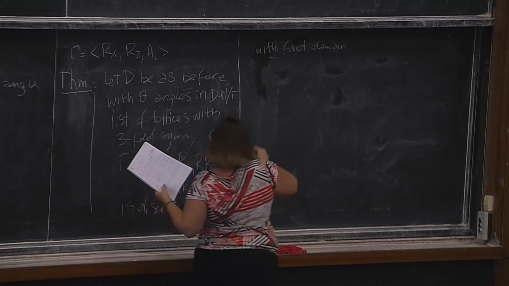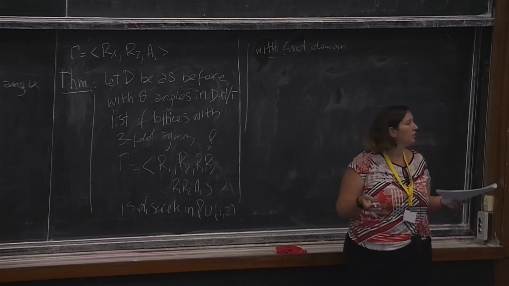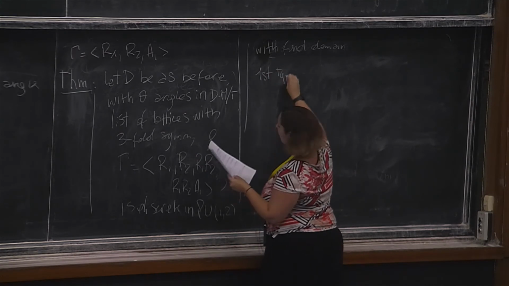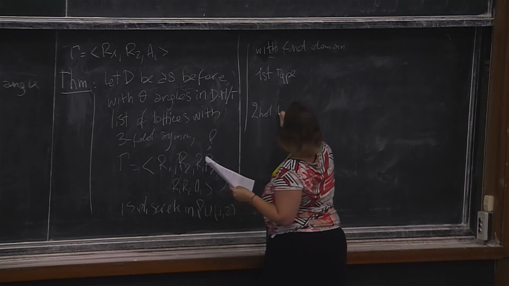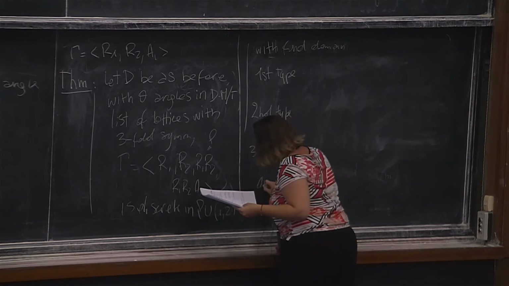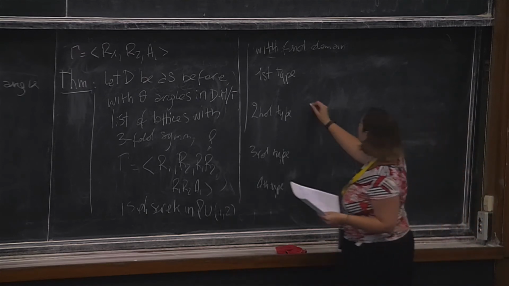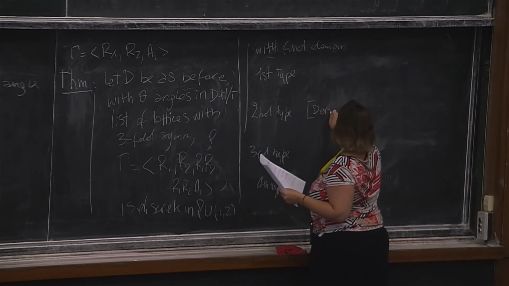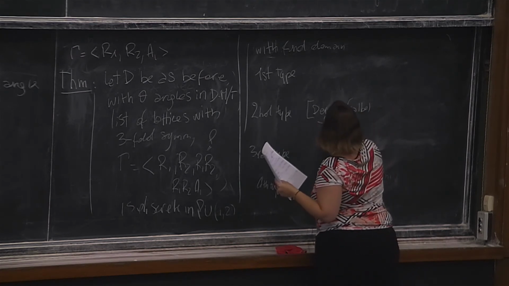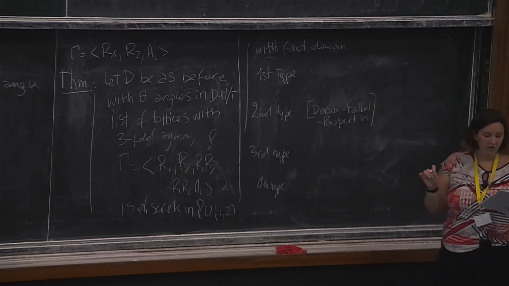So parts of these theorems have been done by different people, because those lattices can be divided according to the values of the cone angle in four classes. So the ones that I call the first type, second type, third type, and fourth type. So the first case that has been considered are the ones of second type, and the fundamental domain was built by Deraux, Falbel, and Parker in 2005 with a different construction from this one.